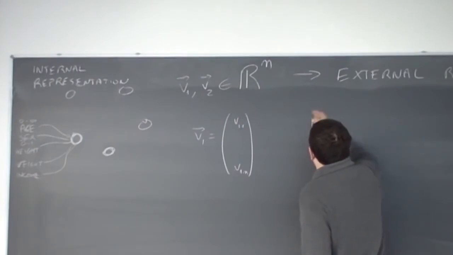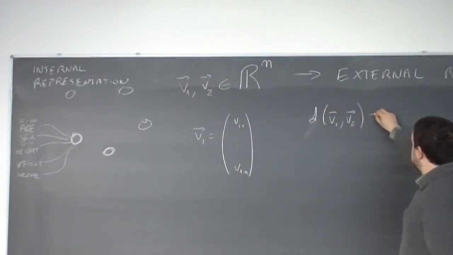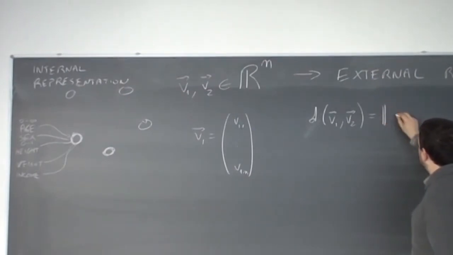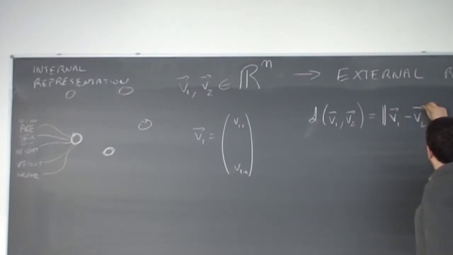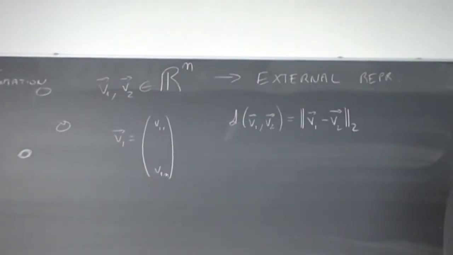We can define a distance between V1 and V2 as, for example, the common Euclidean distance, meaning the two norm of their difference.